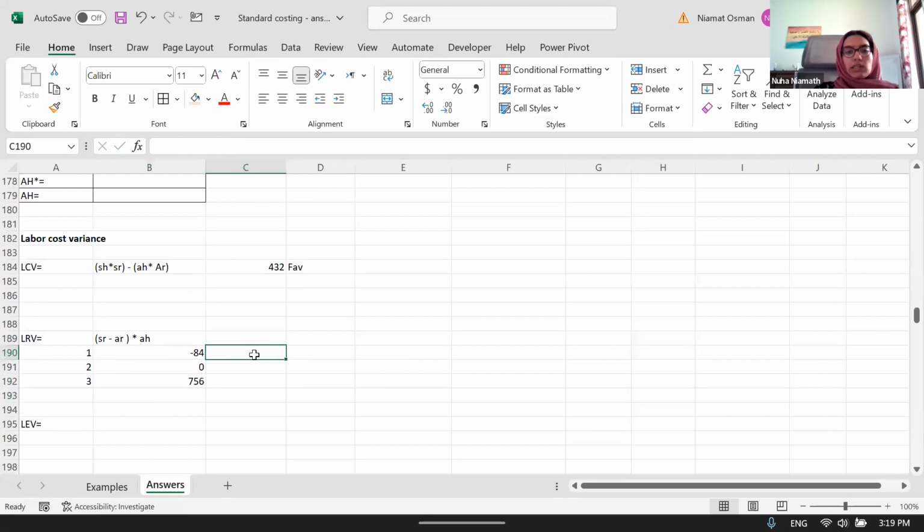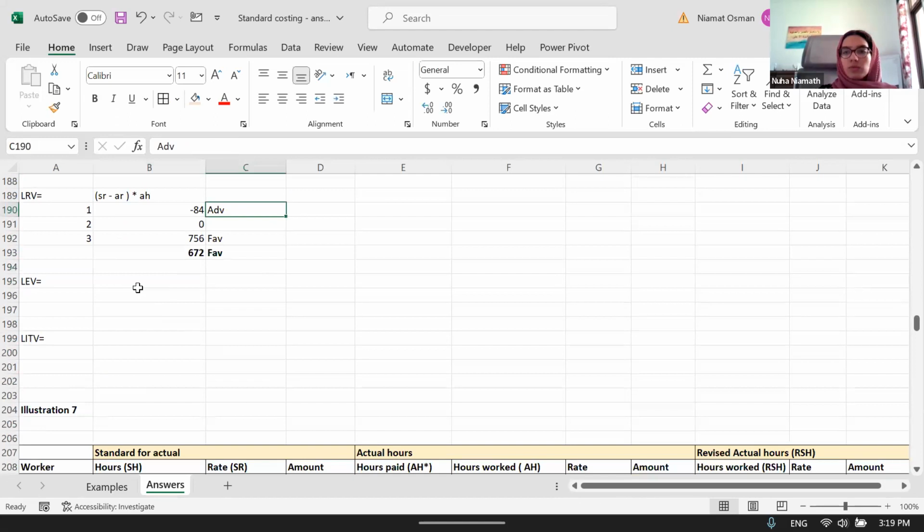So this is definitely adverse. This is nothing. That gives me a total of 672, which is perfect. Now moving to efficiency variance.